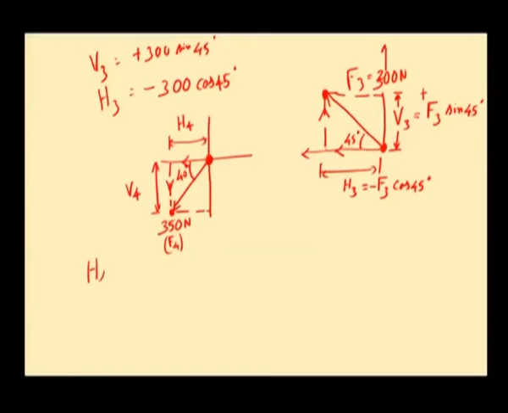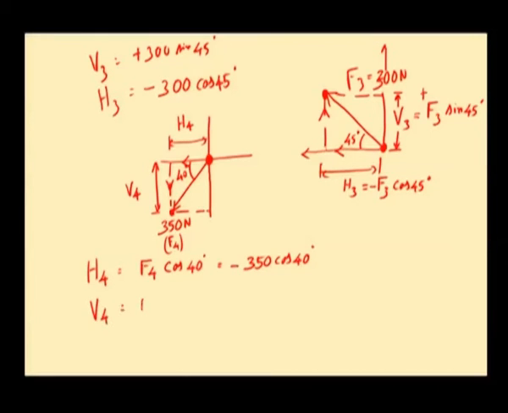Now, H4 will be F4 into cos of 40 degree. So, it will be 350 into cos of 40 degree. Since H4 moves towards left, the sign convention will be negative.